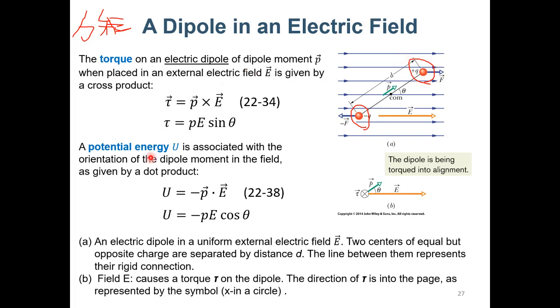And the potential energy, up to now I don't think it is very important, but the point is that the potential energy is minus P dot E. Dot is the inner product. So it is nothing but PE times the cosine theta, the angle between them.